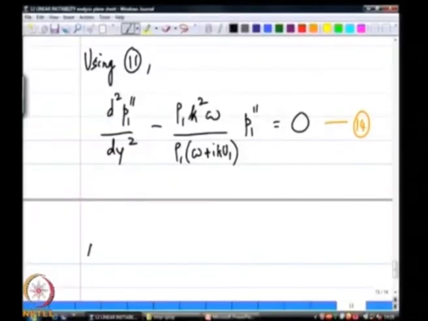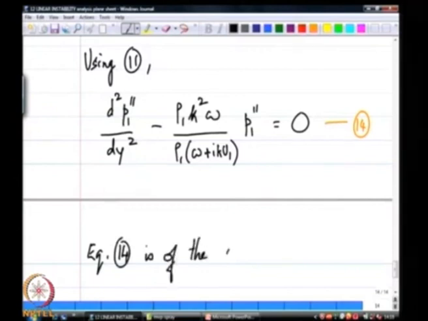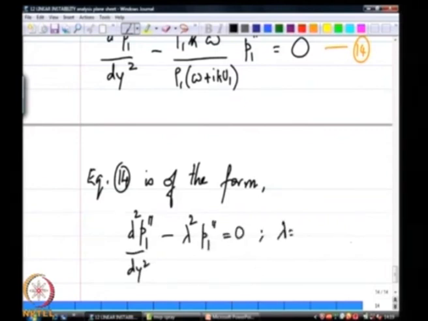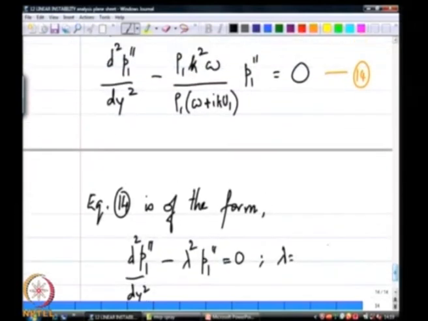This is of the form equation 14, where lambda squared equals k squared omega over omega plus I k u 1. The rho 1 cancels out.